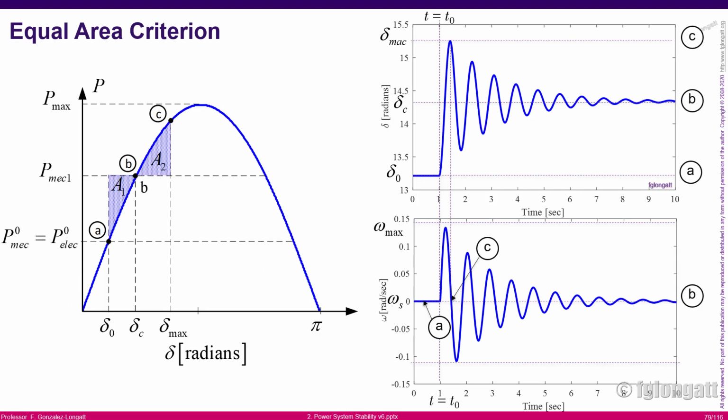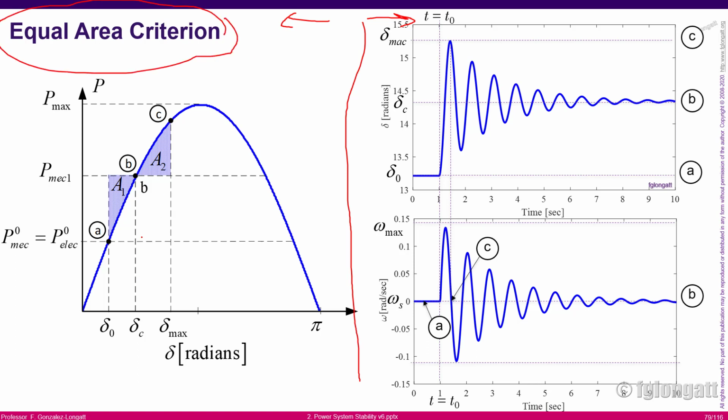Okay, here I just want to show you, on the right hand side, you have the time domain solution. On the left hand side, you have the equal area criterion, okay? Using the equal area criterion, you will see if you can find this value, if this value can be reached, because this value allows the accelerating area to equal the decelerating area, and we are fine, okay?